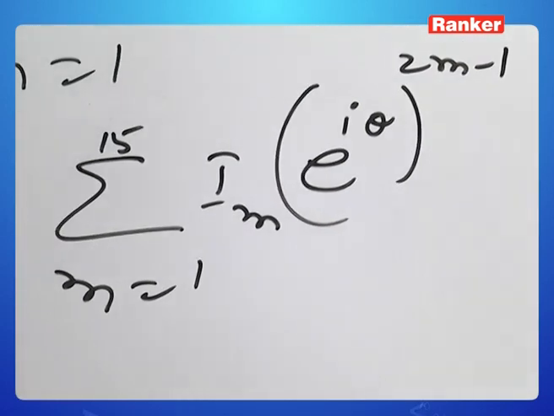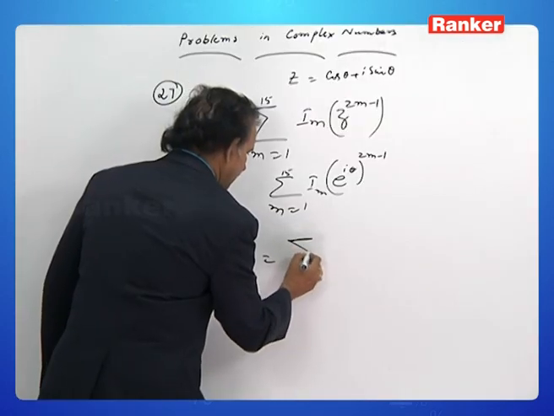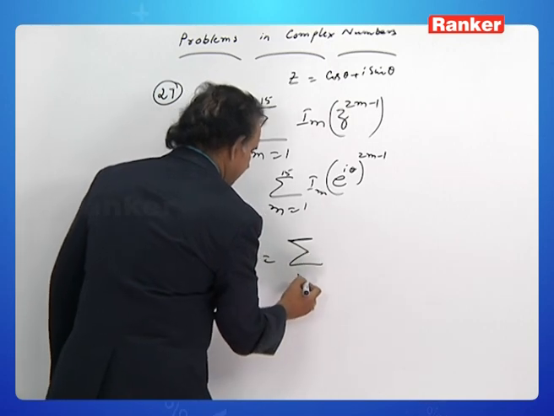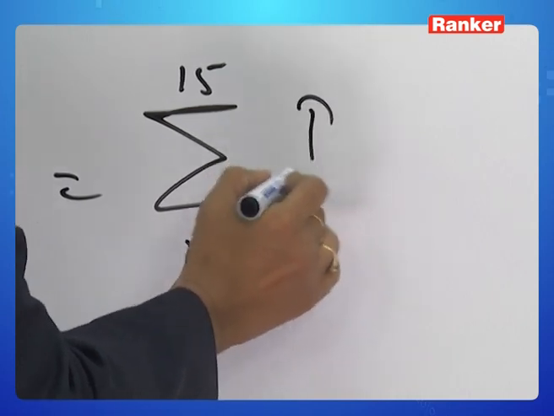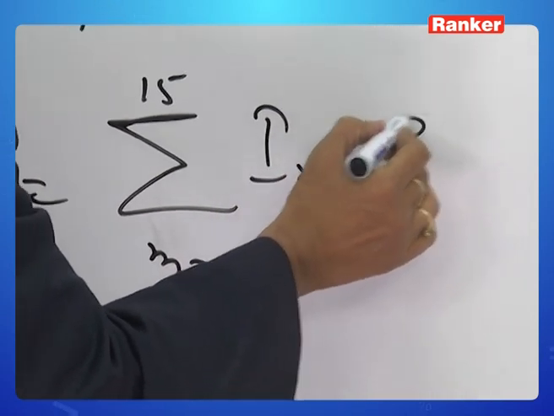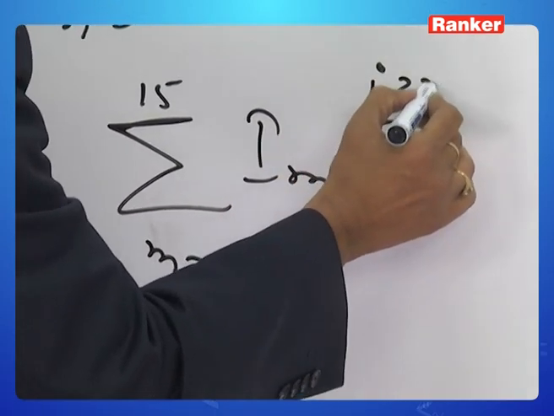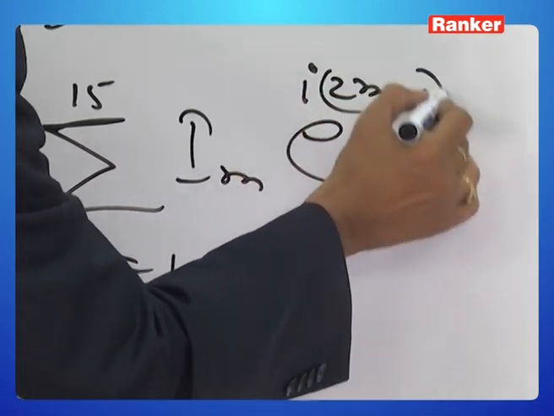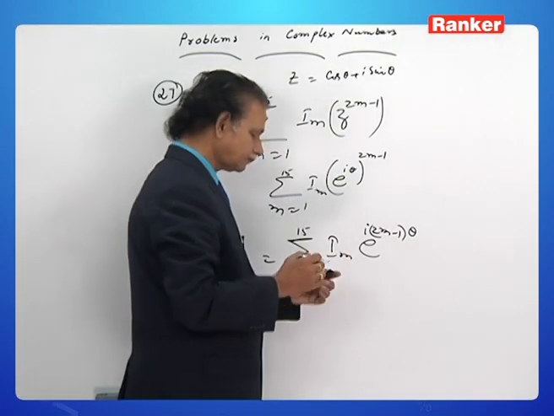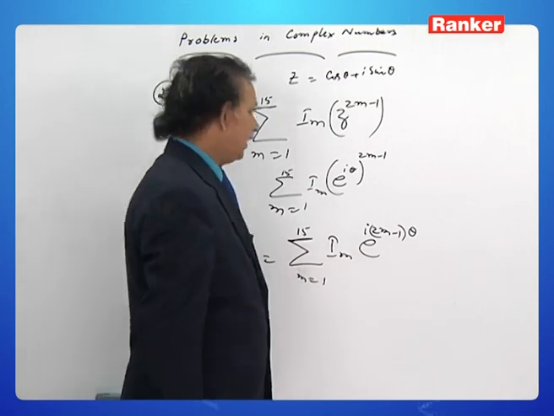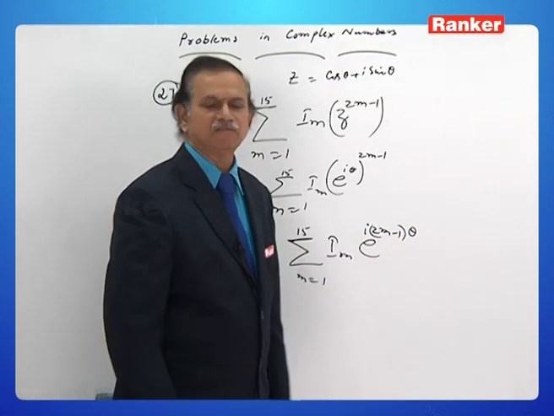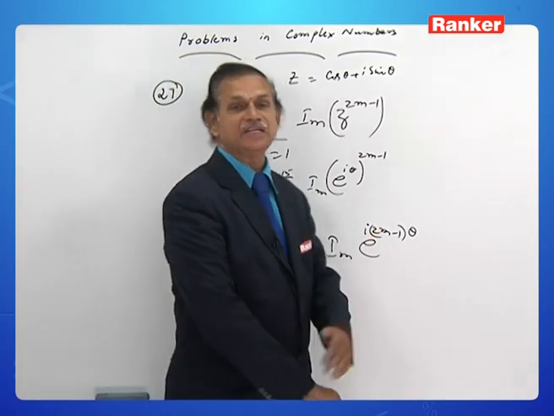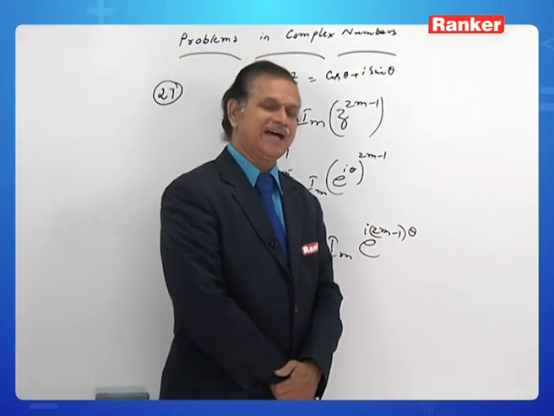That is equal to sigma m is equal to 1 to 15, imaginary part of e power i (2m minus 1) into theta. Let me call this 2m minus 1 into theta some alpha. So it is e power i alpha. What is e power i alpha?